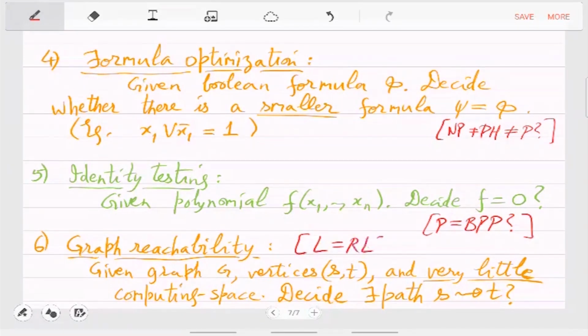This fancy L is the complexity class of problems that can be solved in logarithmic space, and RL is the randomized version of this. Problems like graph reachability we will show are there. There is a randomized log space algorithm. So, are these classes the same? Again, the conjecture is that they are, but we don't know. These are open questions.